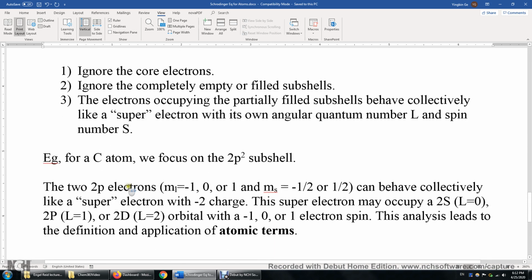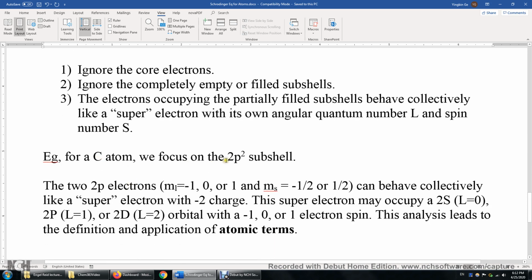So again, get back to this carbon atom. We focus on this 2p subshell. It's occupied by 2 electrons. And these 2 electrons can have m sub l equal to -1, 0, or 1, and m sub s being -half or +half. This is the spin number, but more accurately, it's the z component of the electron spin.